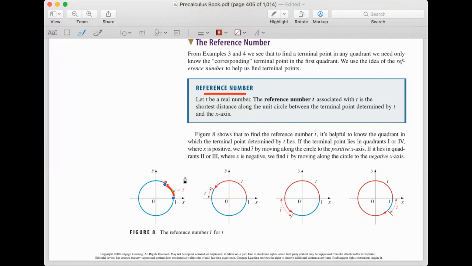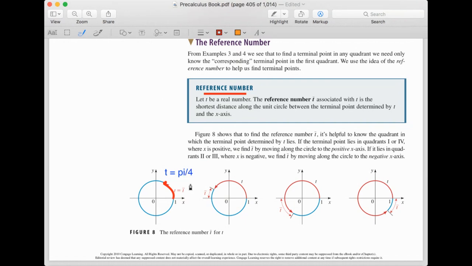Let's give an example. Let's say we run this much, right? T equals pi over 4. And if I keep going, I can run 1 more circle. I would have T equals 2 pi plus pi over 4. I can run 2 more circles, right? I would get T equals 4 pi plus pi over 4.